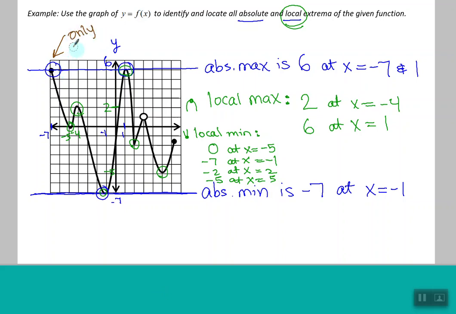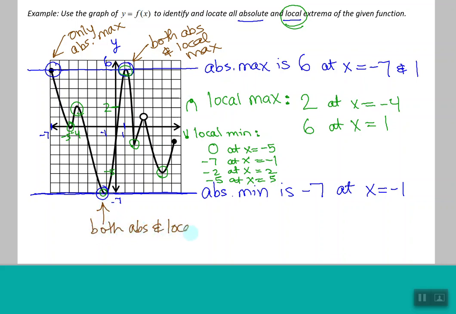In this case, this one is only the absolute max. Whereas at an internal point where we can see close on either side, it could be both. This one happens to be both the absolute and the local max. And down here, this happens to be both the absolute and local min.